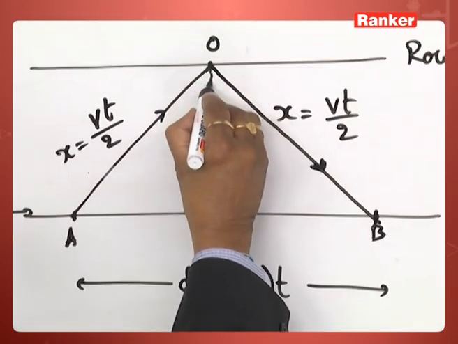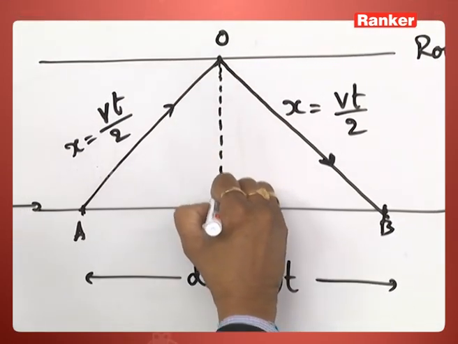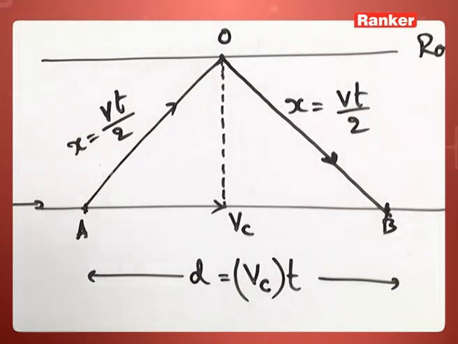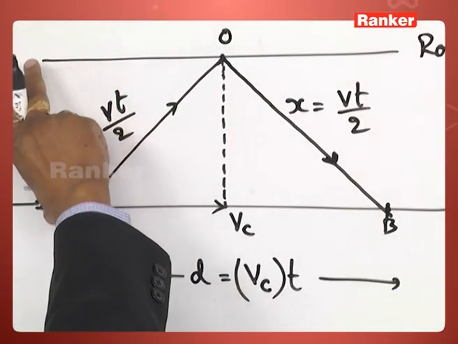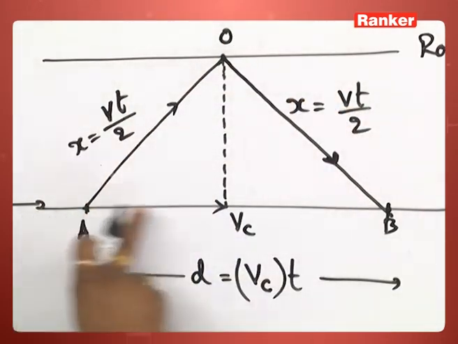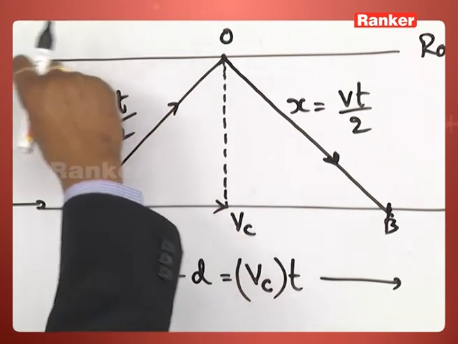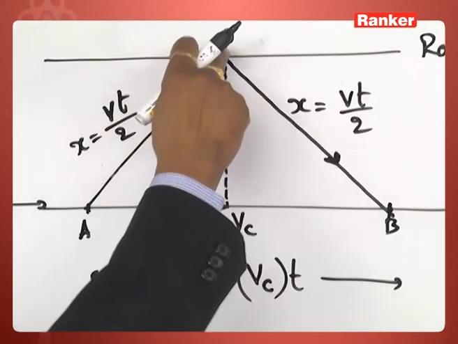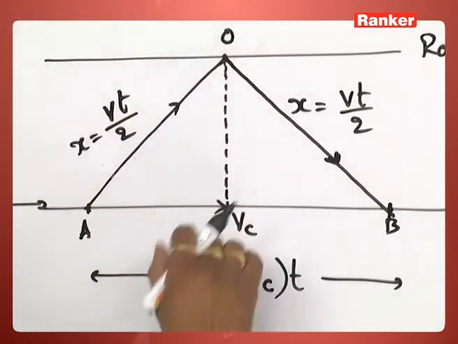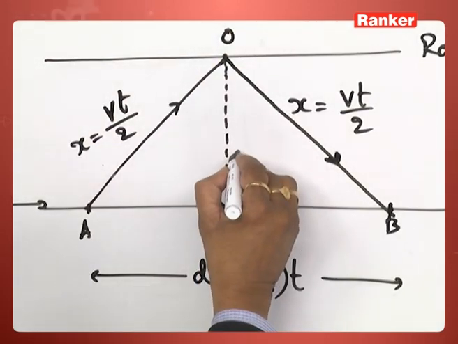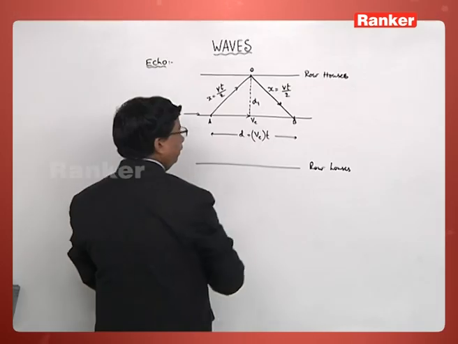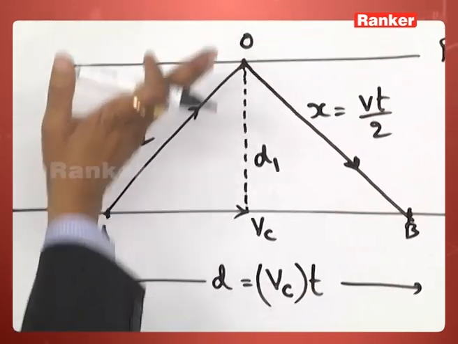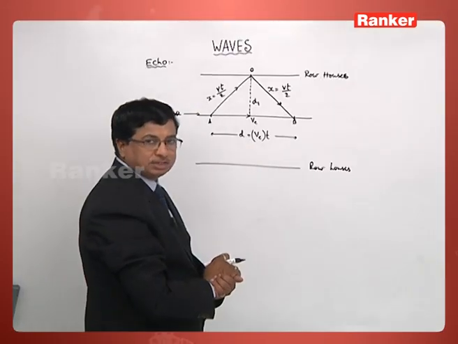Then one can directly understand from this description, when I draw one perpendicular from this point O, the perpendicular distance between the path in which the car is moving and one of the sets of row houses, this distance, if I call it D dash or D1, twice this D1 gives you the total distance between the row houses.